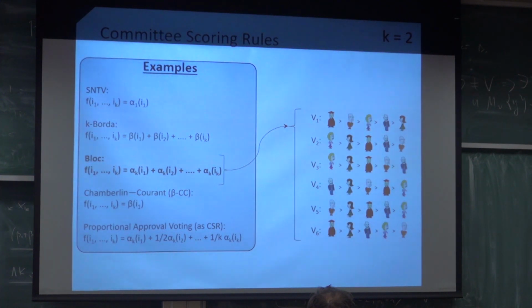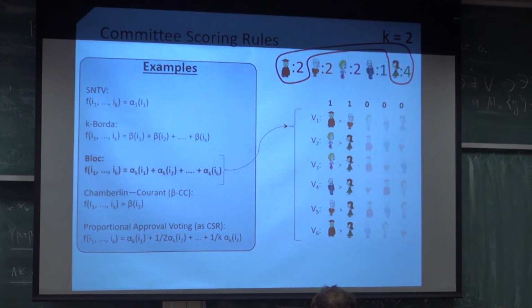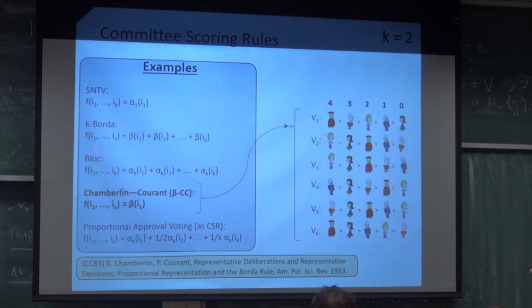So the next rule, block, is also polynomial time, easy. In fact, these 3 rules, since they have sums of the same type of function, are polynomial time computable. The next rule is Chamberlain-Courant, and essentially the whole diversity section is focused on this rule.